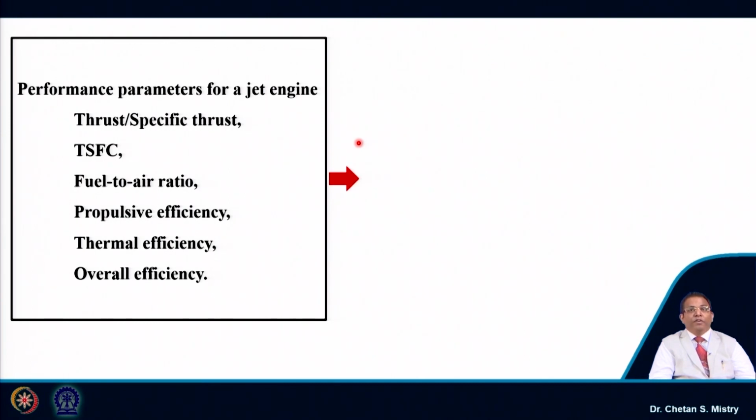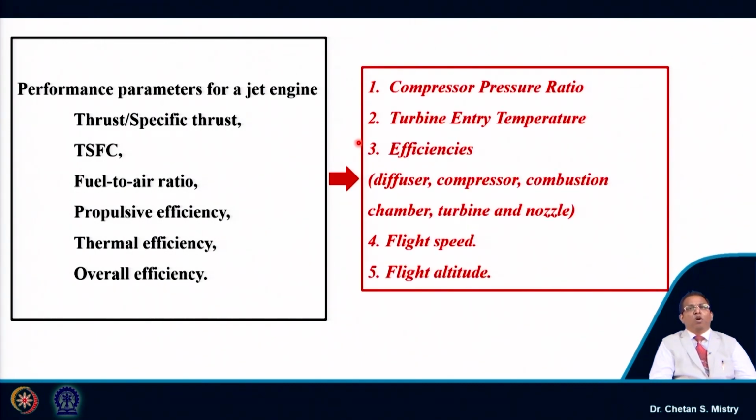And we must realize these all depend on certain parameters. Which parameters? You can say compression pressure ratio, turbine entry temperature, different efficiencies like diffuser efficiency, compressor efficiency, combustion chamber efficiency, turbine efficiency, nozzle efficiency, and what is our flight speed and flight altitude.